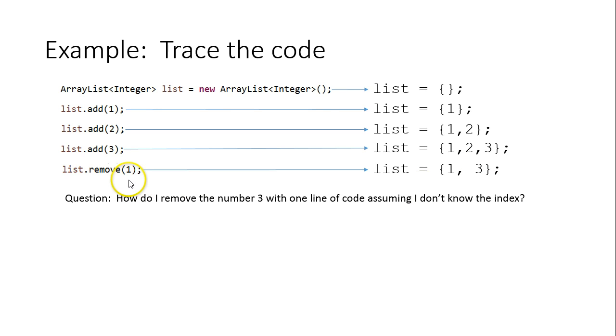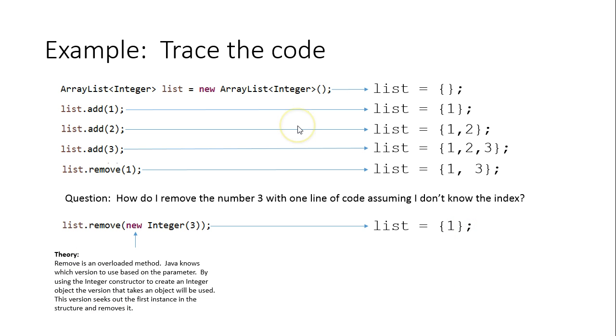But the problem is that if I put a 3 like this, it's using this version of remove, which would in fact give us an index out of bounds. So in this case, I have to actually construct the integer: list.remove(new Integer(3)). That's going to use the version of remove that takes an object and remove the first instance that it sees of the number 3.